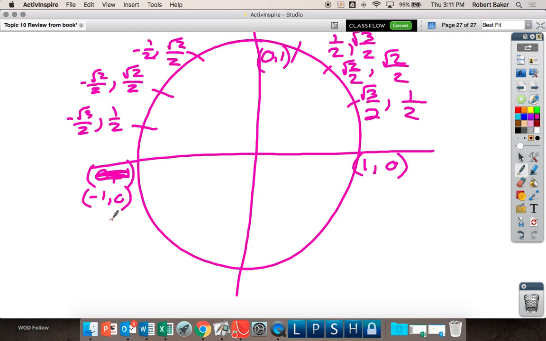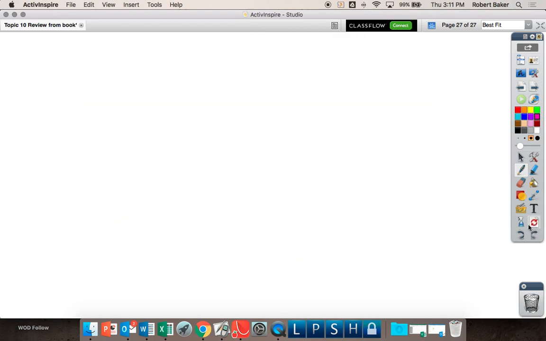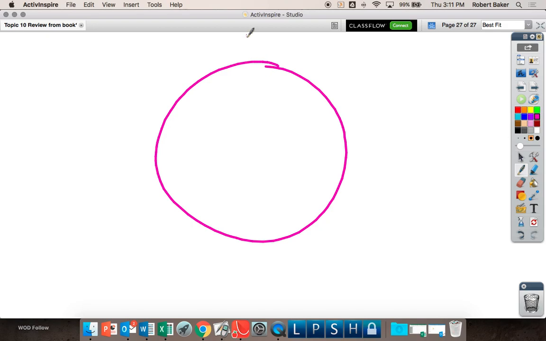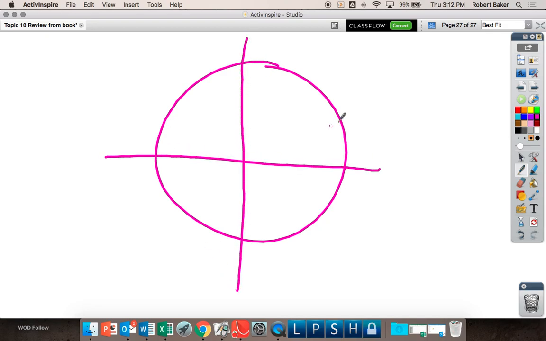Then you have to label radians. Can we go over that real quick? Yes. I like to start with just, I know this is 0, and I know this is pi.